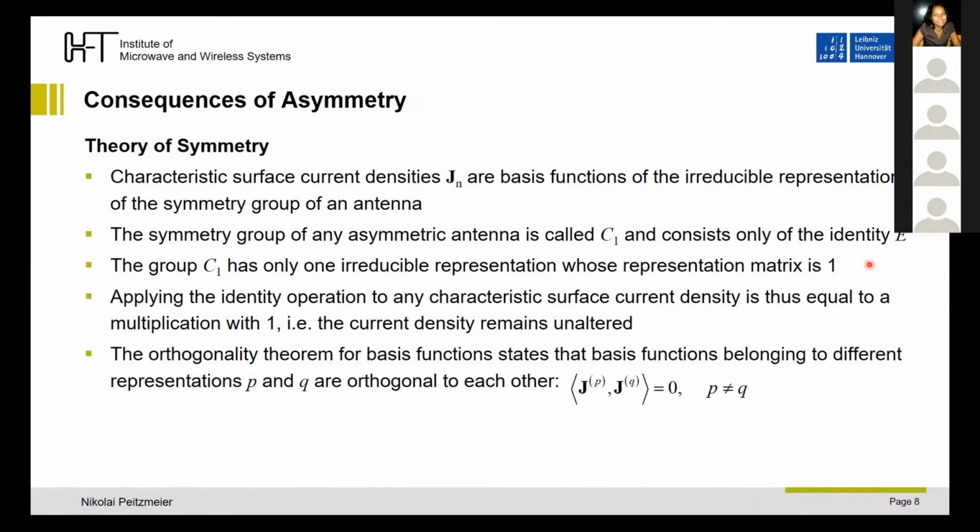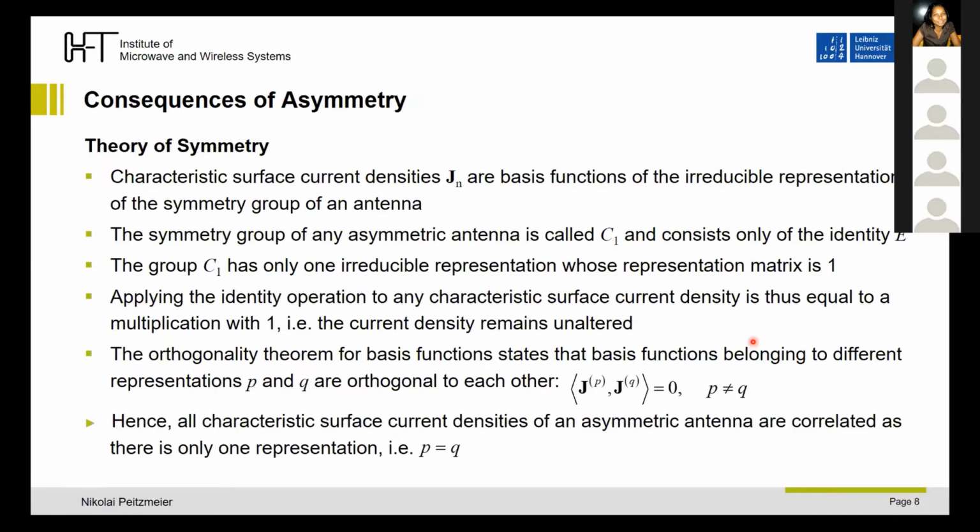Because there's a fundamental orthogonality theorem from group theory, which tells us that the characteristic surface current densities belonging to different irreducible representations are orthogonal to each other. However, here we've got only one irreducible representation in the asymmetric case.